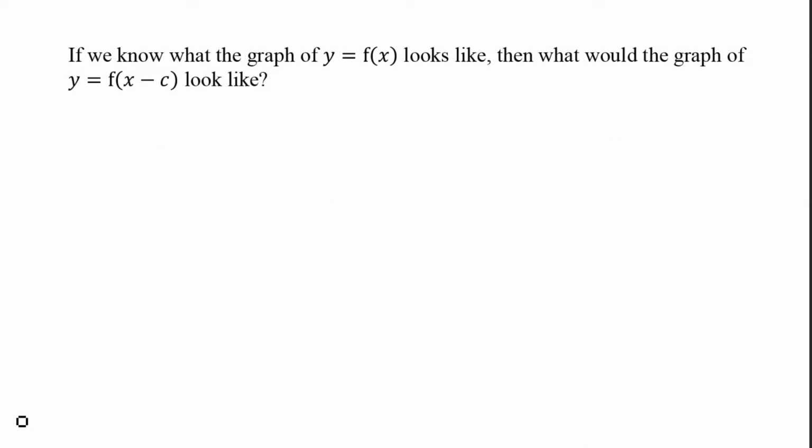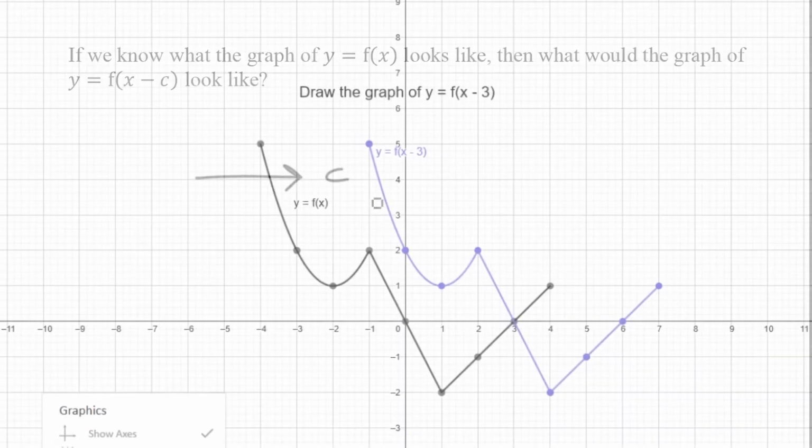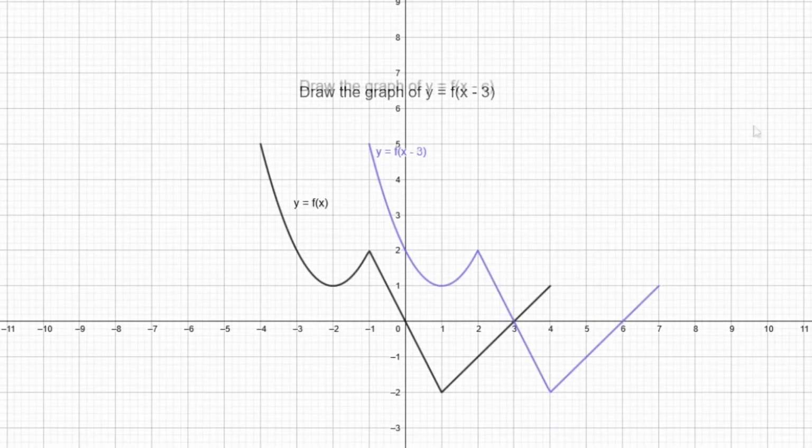This suggests that the answer to our original question is that if we know what the graph of y equals f of x looks like, then the graph of y equals f of x minus c would be the same as the original graph, but translated c units to the right. So let's go back to our example, and this time we'll do it for f of x minus c rather than f of x minus 3.